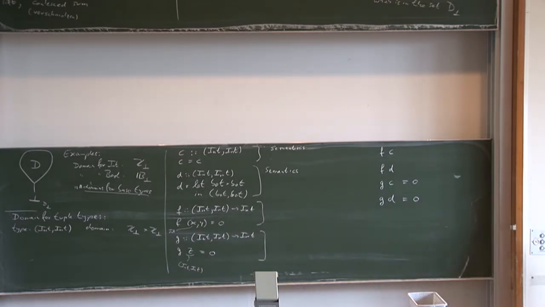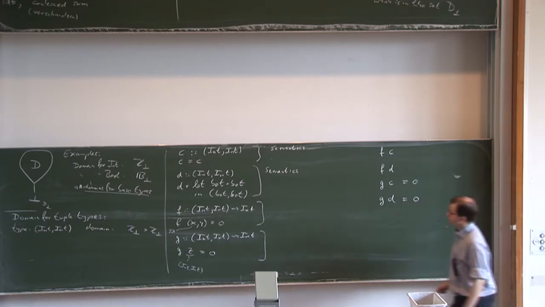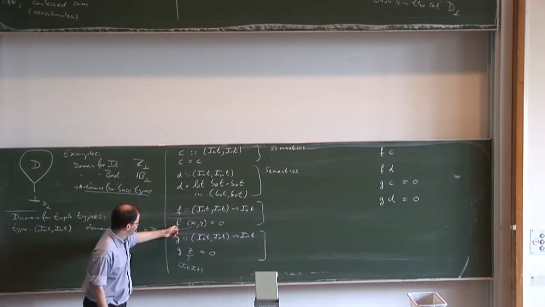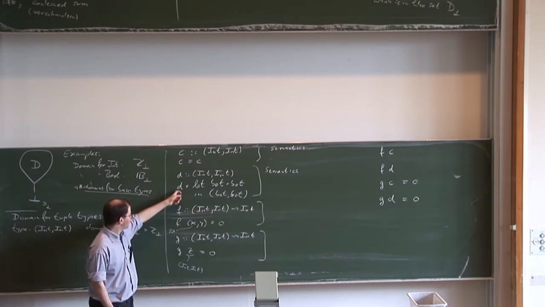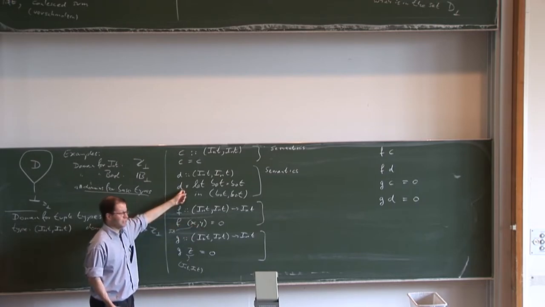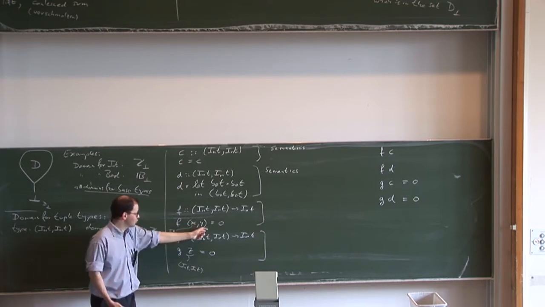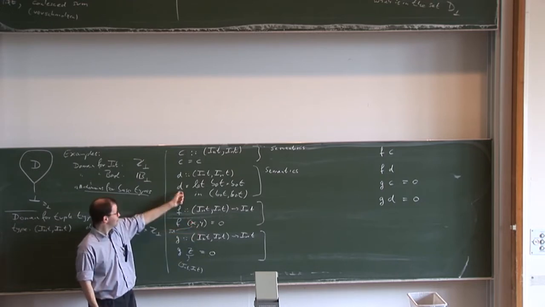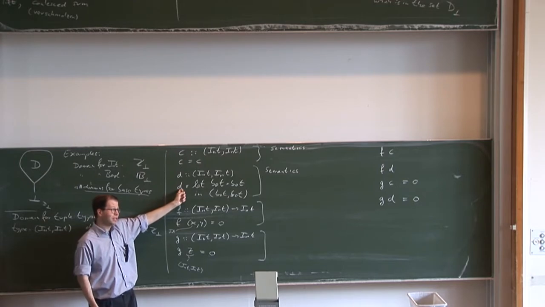Now what about f? Let's first apply f to D. Well, then you see this pattern does not match D. This pattern is a tuple pattern, so it only matches tuples of two components. D is not a tuple of two components, so you have to evaluate D further.